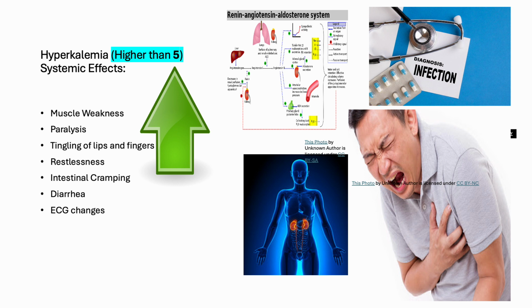Mild hyperkalemia has an ECG change of shortened QT interval, and severe hyperkalemia has ECG changes of depressed ST segment, prolonged PR interval, and widened QRS complex, leading to cardiac arrest. So severe hyperkalemia can lead to cardiac arrest.